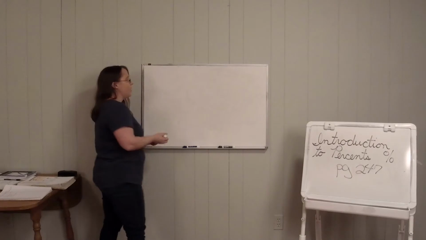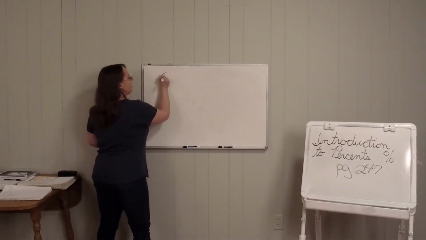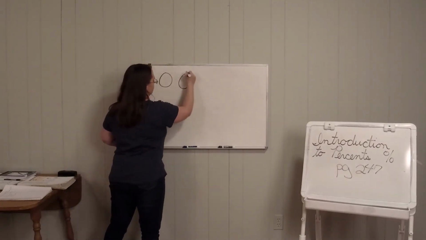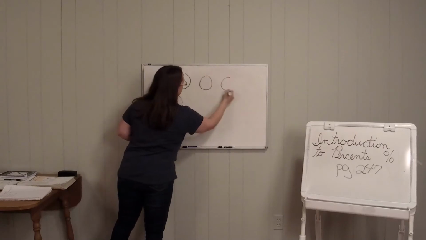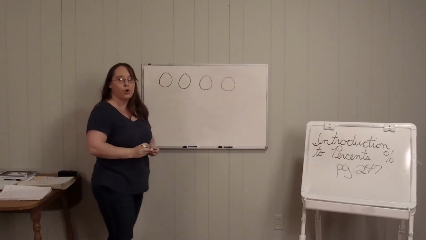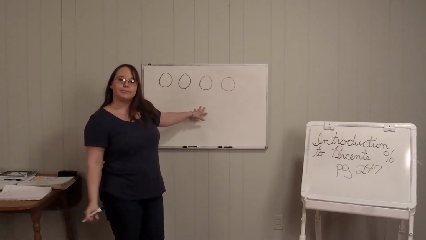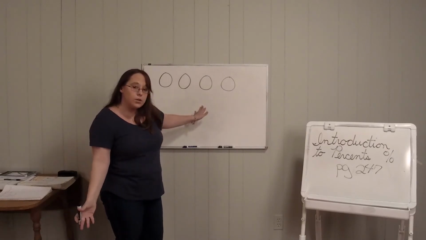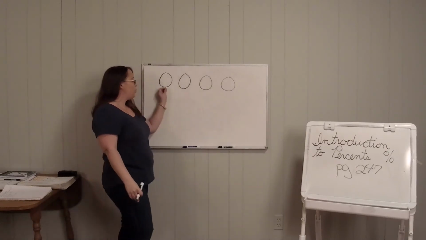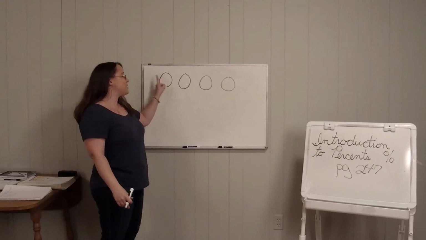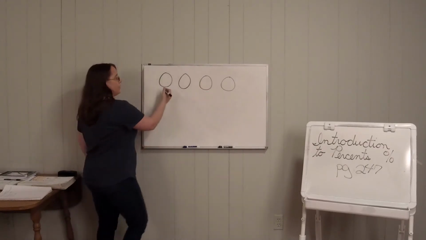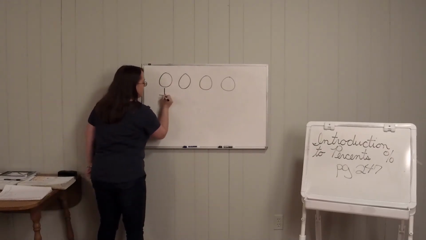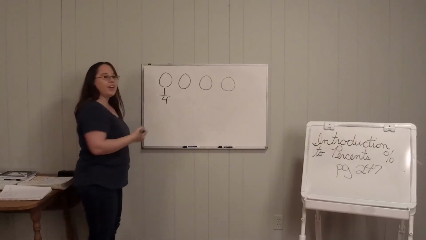Alright. Think about 4 quarters. 4 quarters equal $1, right? If we have only 1 quarter, that's 1 of 4. So that's 1/4. Well, think about it.